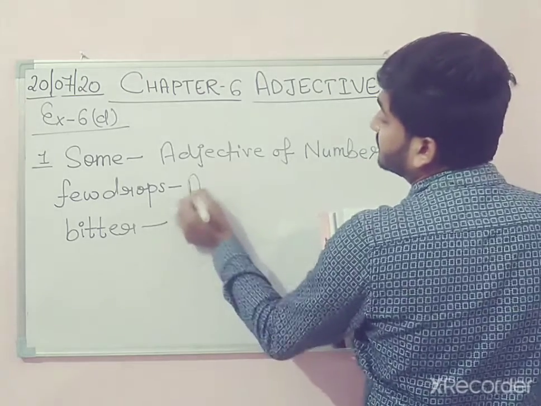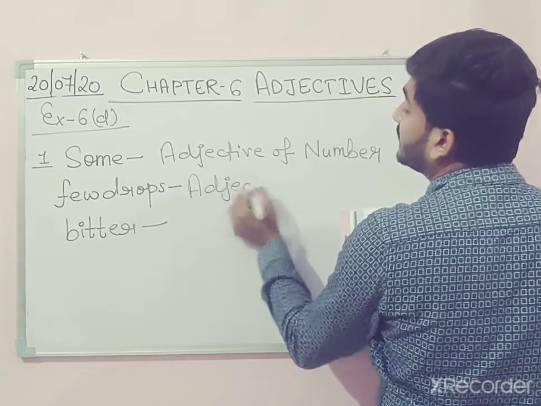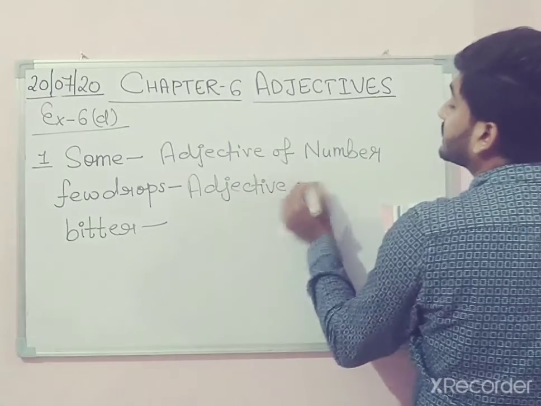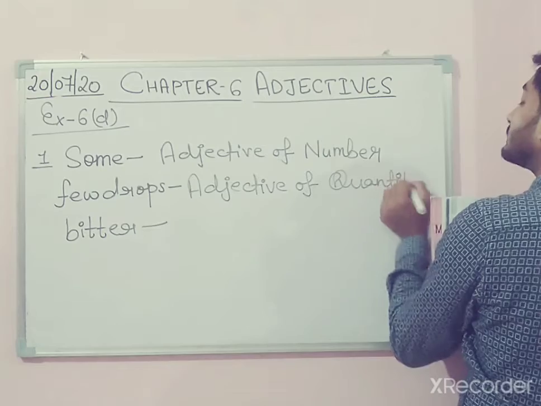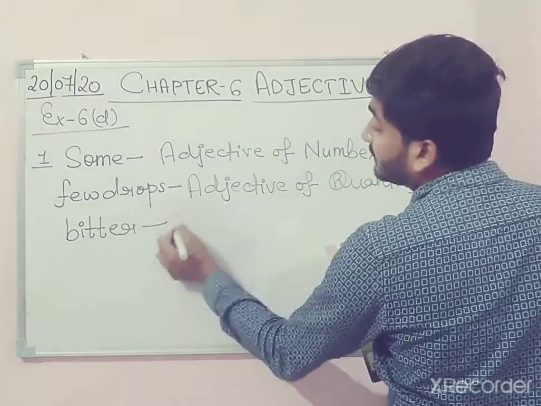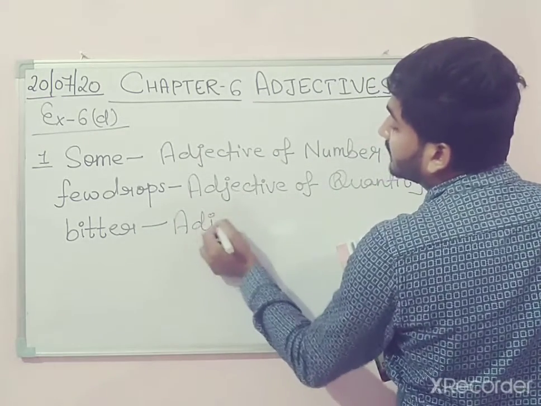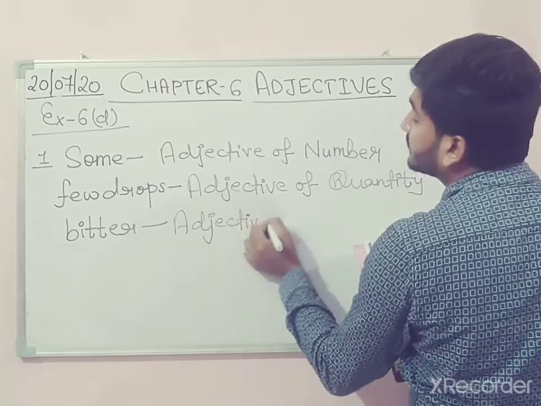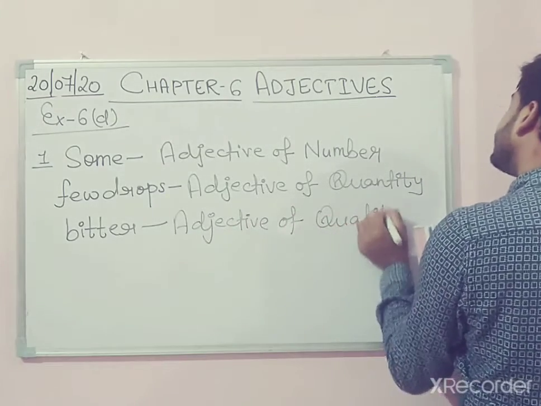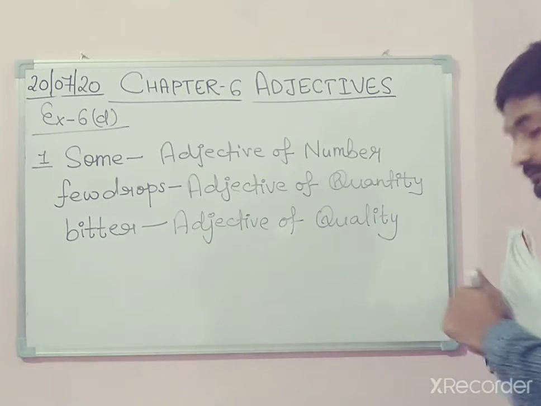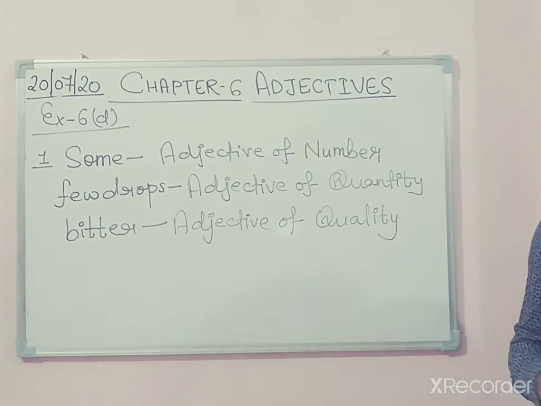How much? That means adjective of quantity. What kind? Bitter. That means adjective of quality. Okay. So this is number 1.